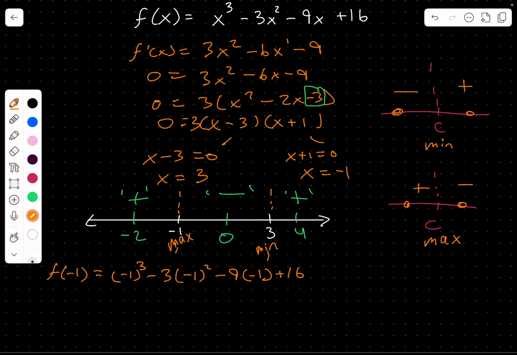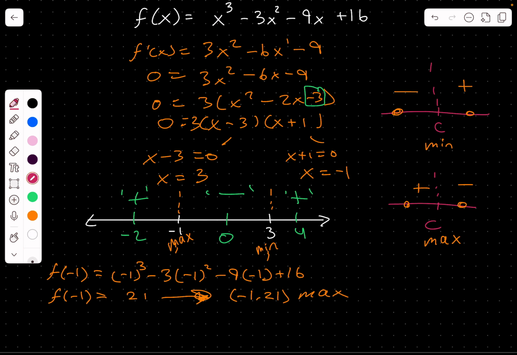When we plug this into a calculator, we get 21. Therefore, we get negative 1 comma 21 is our max.